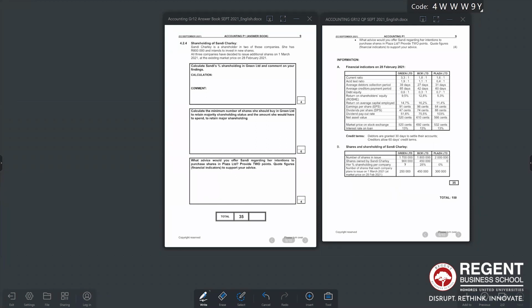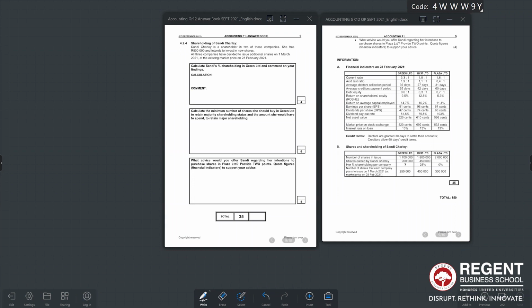Now, the first question for 4 marks: calculate Sandy's shareholding in Green Limited and comment on your finding. So you calculated it, you got 52.9%, very good to those that worked it out. And your comment is Sandy owns more than 50%. She has controlling interest.